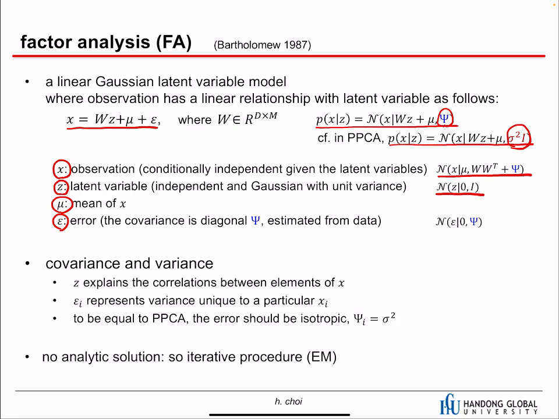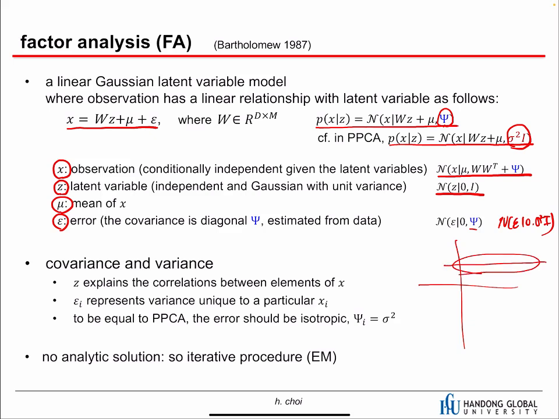In PPCA, the probability of epsilon is Gaussian with zero mean and variance sigma square times I. But in factor analysis, we have a diagonal matrix, which means all the dimensions are uncorrelated or independent, but they have different variances.